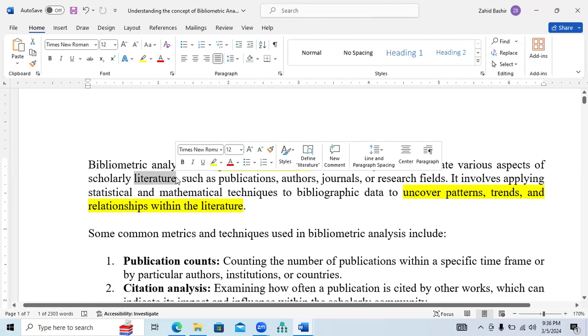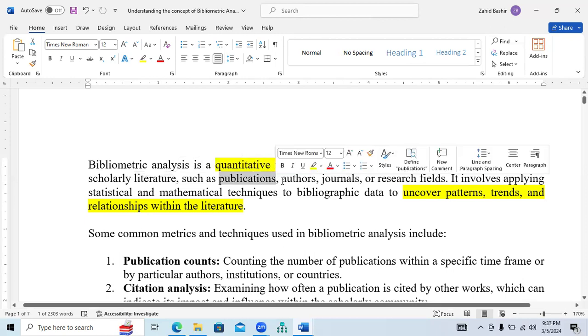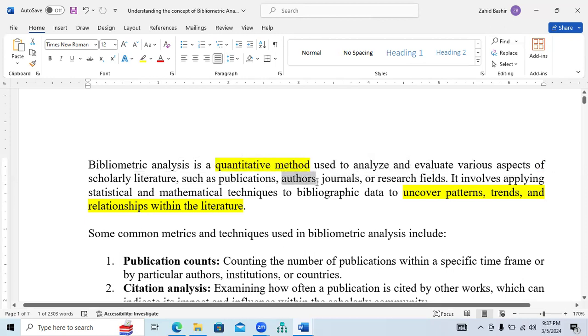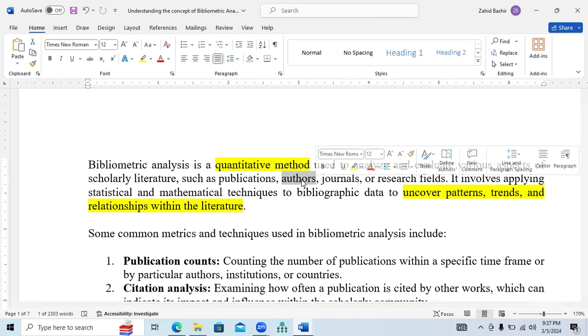And the bibliometric analysis will show me how many publications are there in sustainable finance, how many authors are working in sustainable finance, and how many of these authors are prominent. What are the top 10 authors? What are the top 5 authors who are working in sustainable finance or sustainable investment and so on?